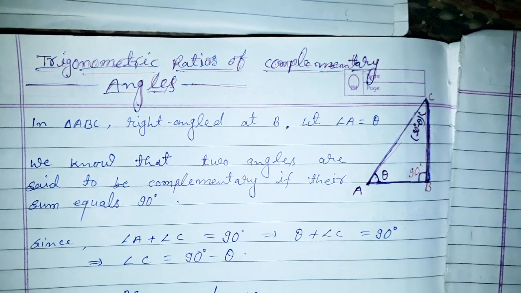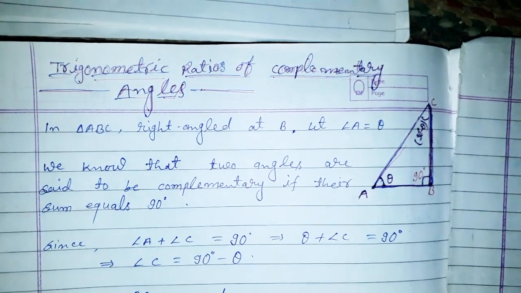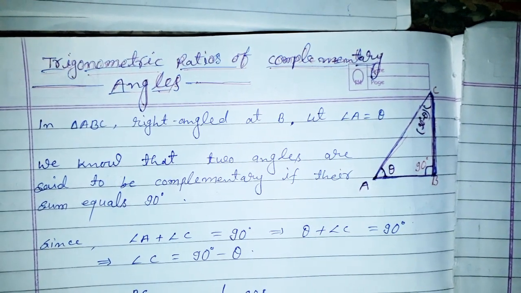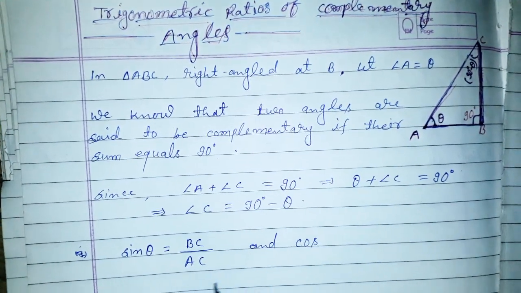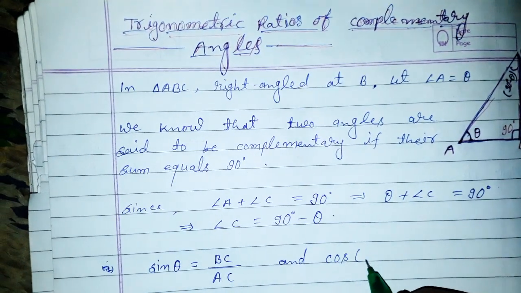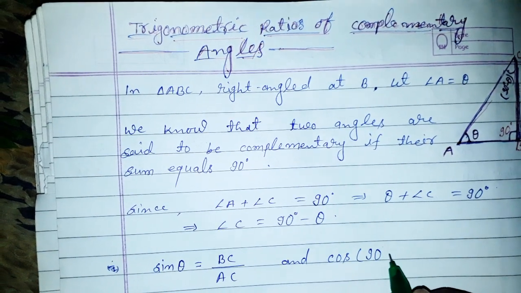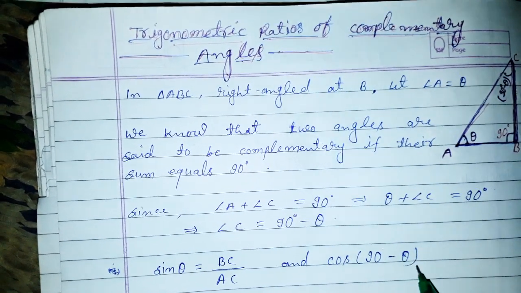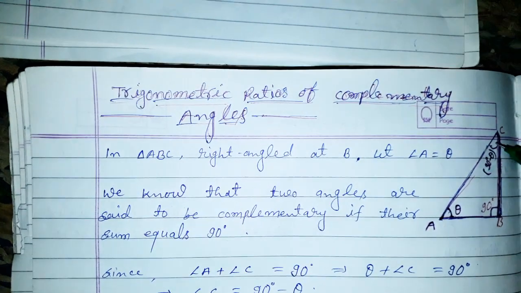Now the other value, cos 90 minus theta. What is cos 90 minus theta?